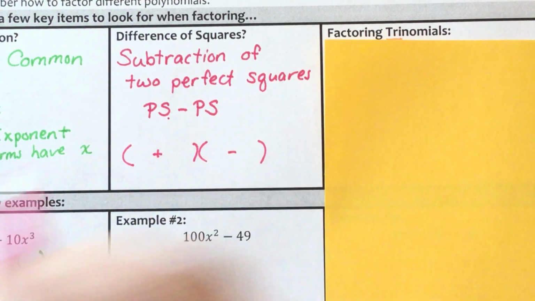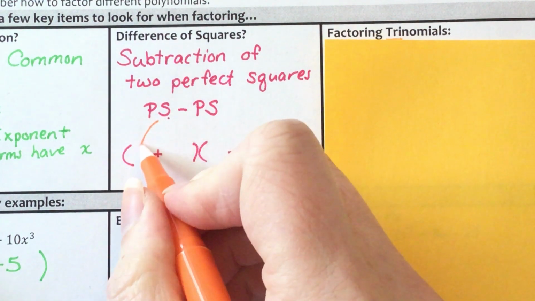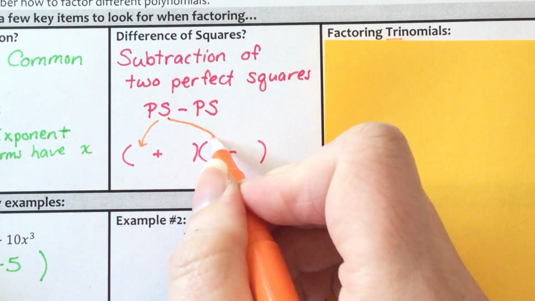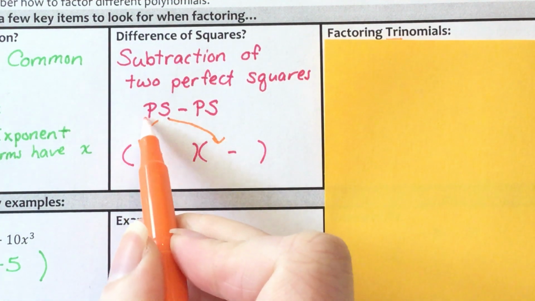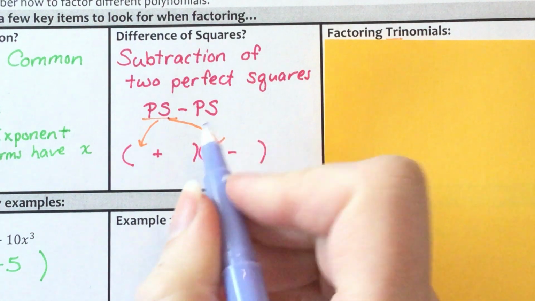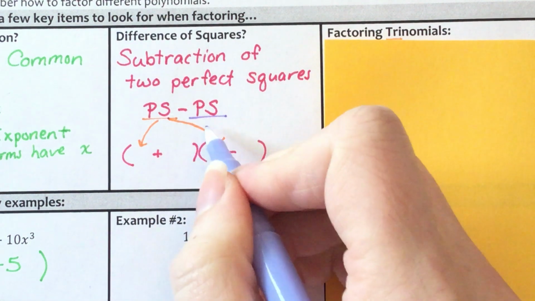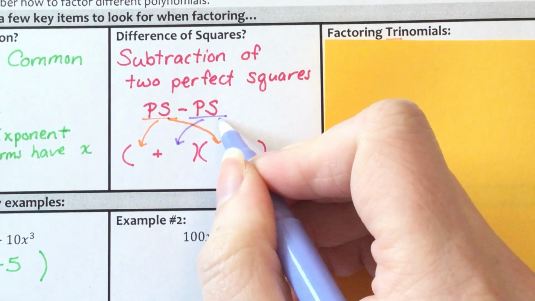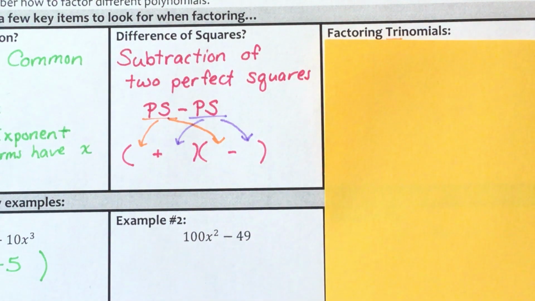And then we take the first perfect square and we take the square root. Its square roots will go here and here in the first position, because that perfect square was first. And our second perfect square, when we take the square root of it, its square roots will go in the second positions.